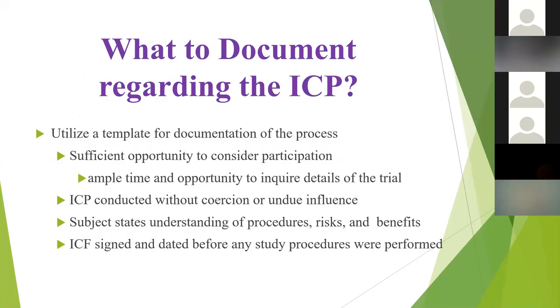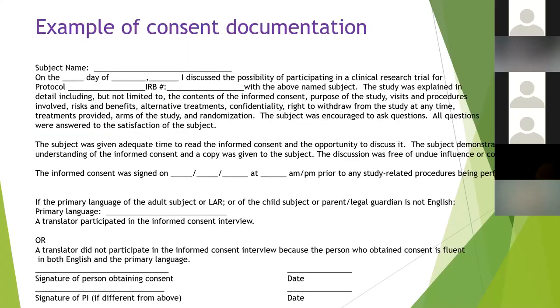Did you give them ample time and opportunity to ask questions? Was the ICP conducted without coercion or undue influence? Did the subject say they understood the procedure's risks and benefits? And the ICF was signed and dated before any study procedures were performed. So that's the basis of what needs to be in your documentation of the informed consent process.